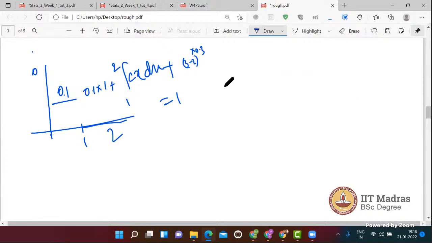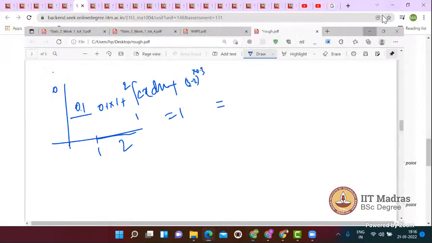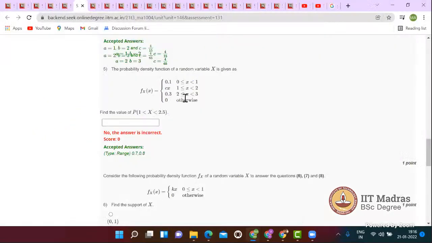So 3 minus how? Which one? This one or this one? The 3 minus 2. So what is that? See, 3 minus 2, why am I writing it? Because from 2 to 3, our function is in the form of a rectangle, right? Rectangle means the probability density function value is 0.3 from 2 to 3.